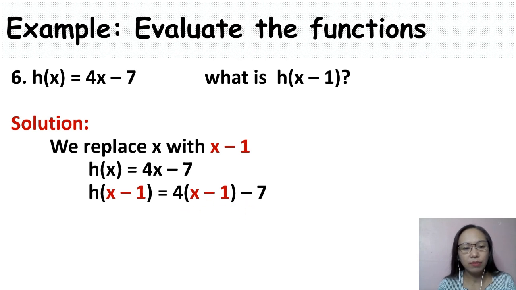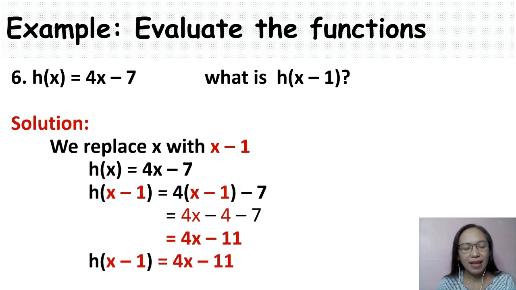So we distribute 4 times x, we have 4x, and then 4 times negative 1, we have negative 4, and then we bring down negative 7 there. Simplifying this, 4x has no similar term, so we bring down 4x, and then we combine negative 4 and negative 7, so we have negative 11.